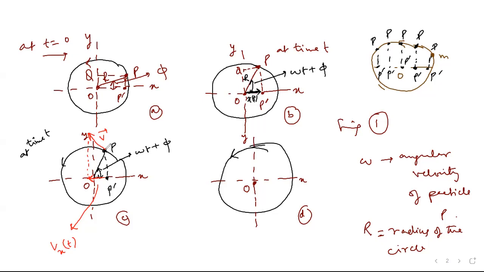Velocity vector v is representing the velocity of particle P moving in uniform circular motion, and its projection on the x-axis is Vx of t, right?